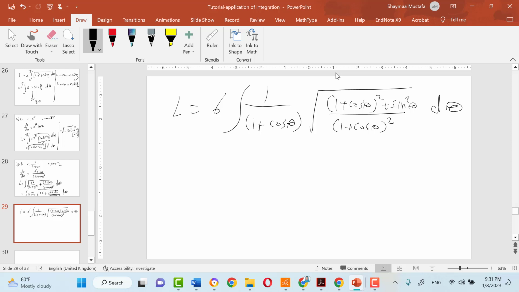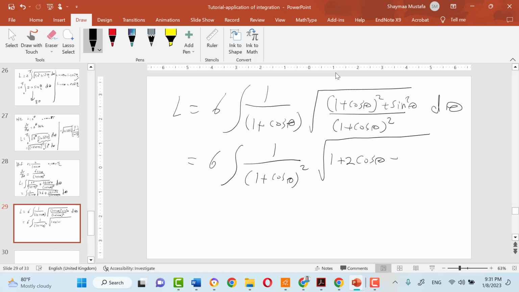d theta. So this one goes out of the square root, so 6 of 1 over cosine theta square. Under the square root I have 1 plus 2 cosine theta plus cosine square theta plus sine square theta.